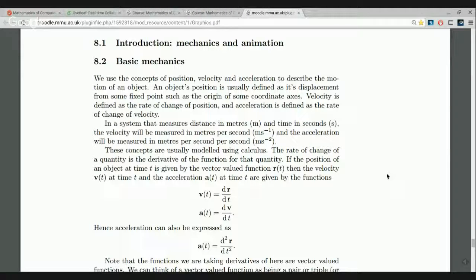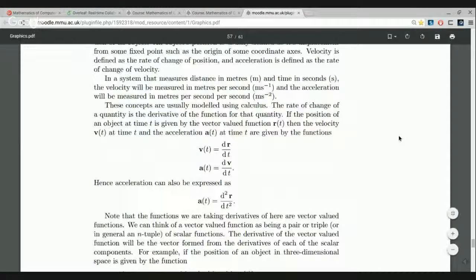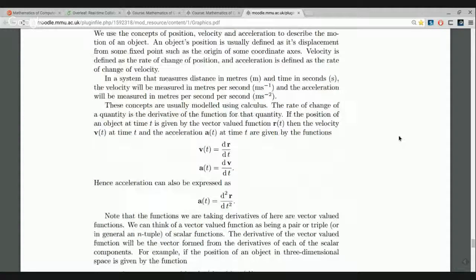So if we use the conventions of that, the position vector r gives the position of an object at time t in 3 dimensions, then v of t and a of t will be the velocity and acceleration of the object, respectively. Now we know from basic principles of mechanics and vectors that these quantities are related through calculus.